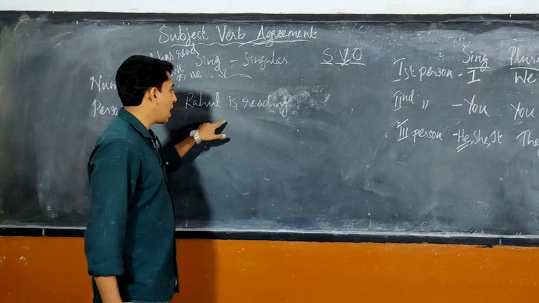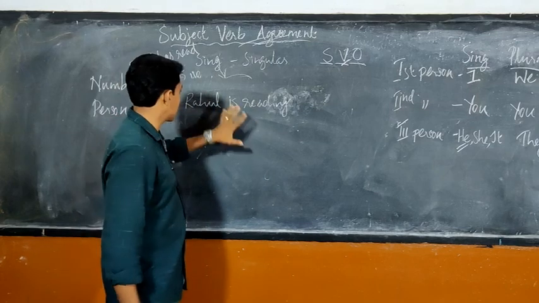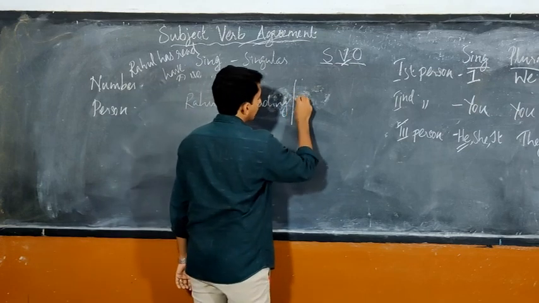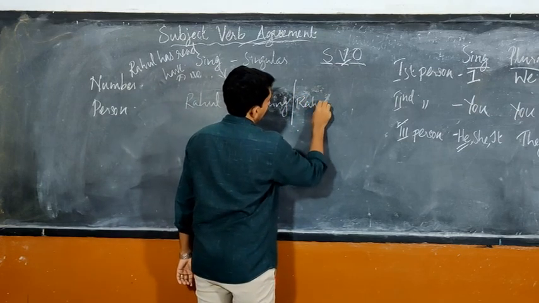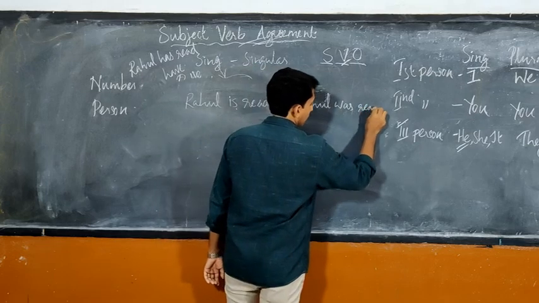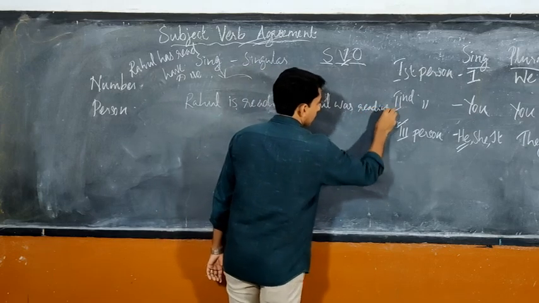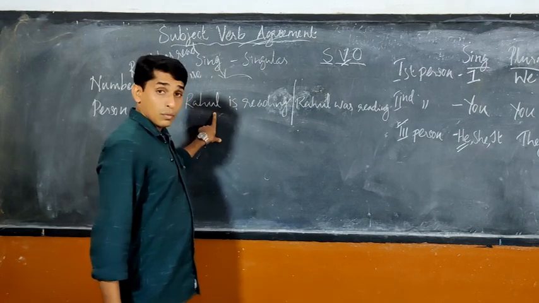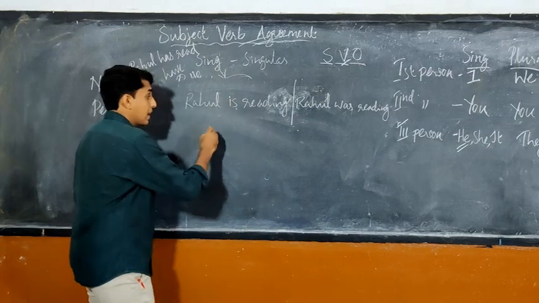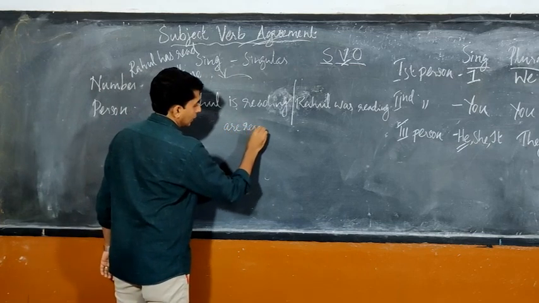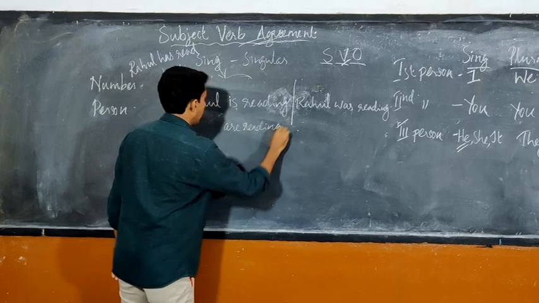So that is why we had written is. If it is a past form, what will you write? Rahul was reading. What did we write earlier? Rahul and Ramesh are reading, when it is plural. Okay.